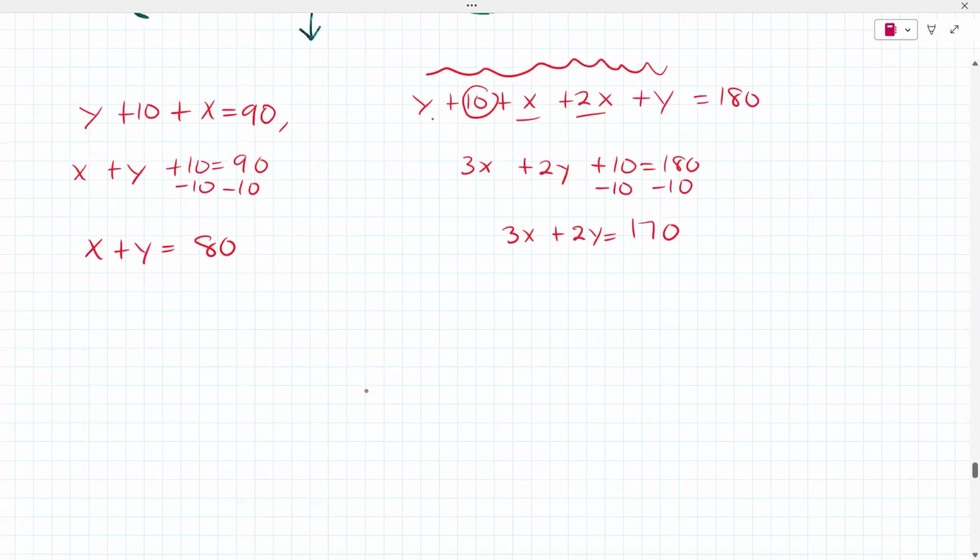Okay, and then let's set up a system of equations. We're going to say 3x plus 2y equals 170, and then x plus y equals 80. Here's equation 1, here's equation 2. Let's get rid of the x.